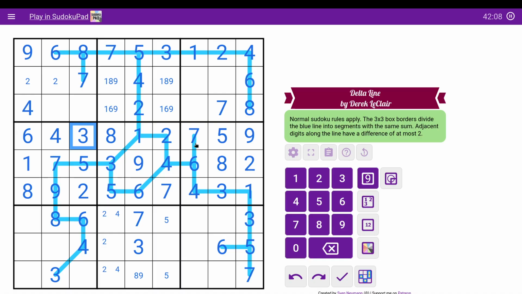In this column, we still require a 1 and a 9. 1, 2, 3, 5.